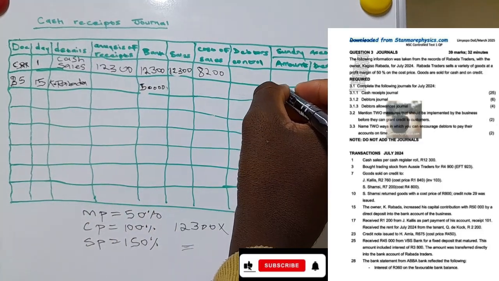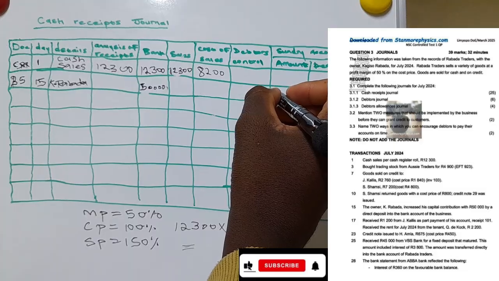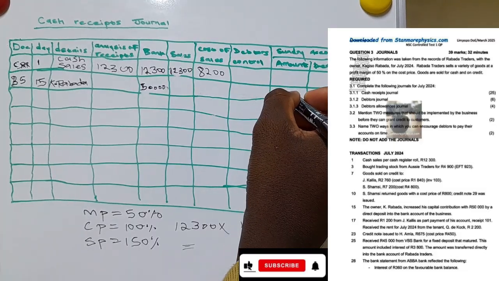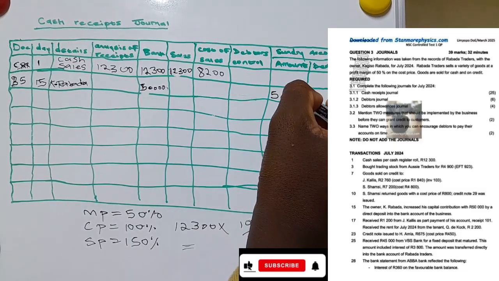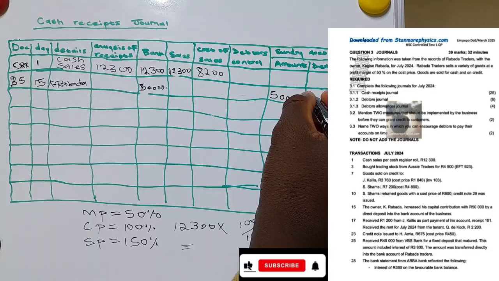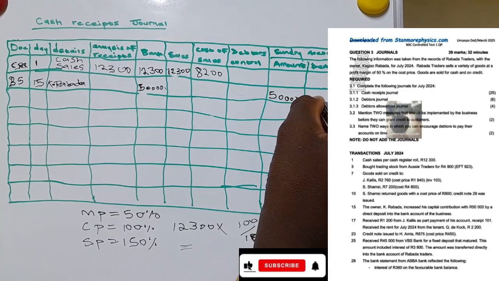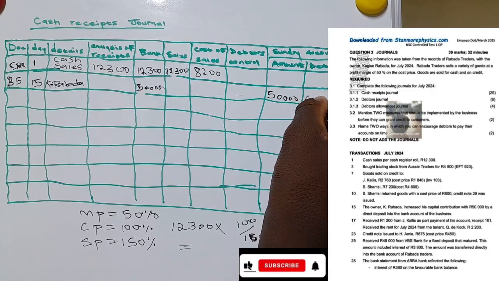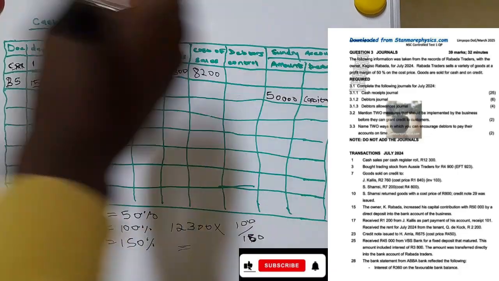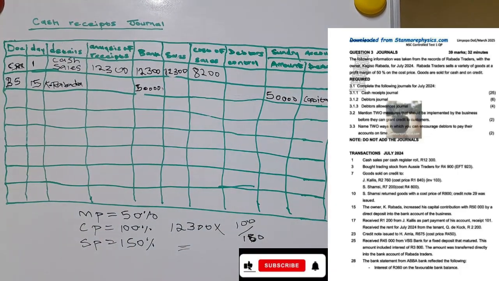Then under amount, we're going to say 50,000. Then under details, you're going to write capital. Then we are done with this one. We go to the following one.